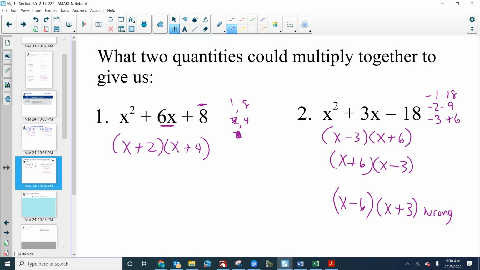Even though -6 times 3 is -18, what's -6 plus 3? Now, if that was a -3 in there, -3x, guess what our answer would be? This, not this. Okay, that's what we're going to do today.